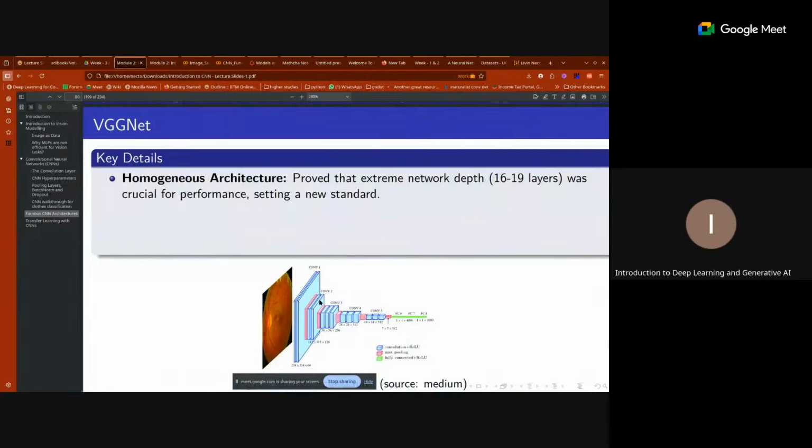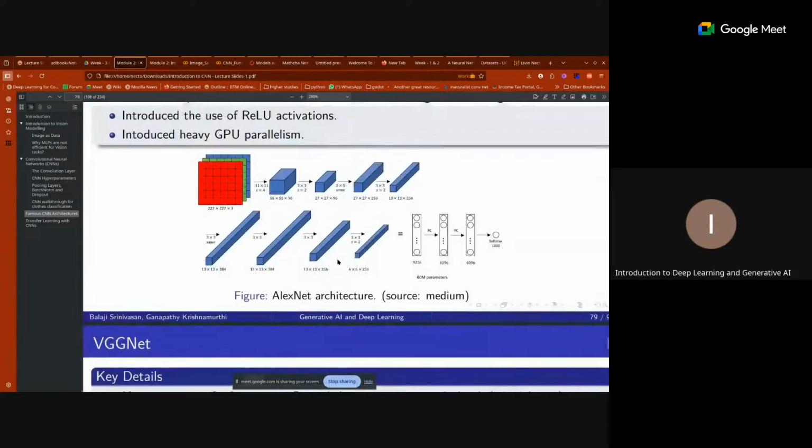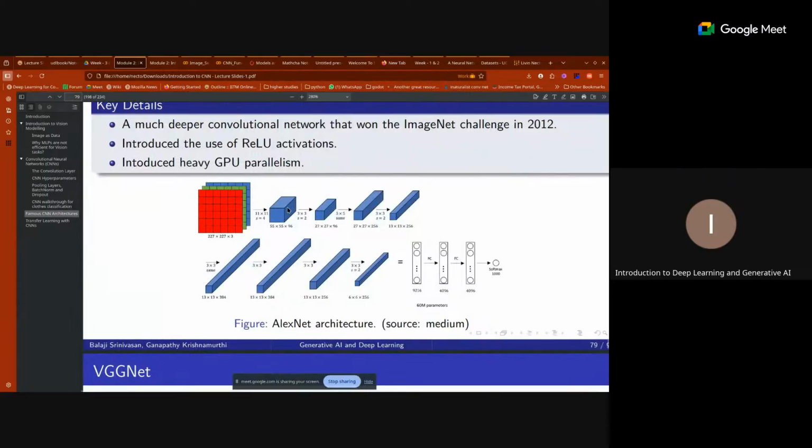But you can also use pooling over here instead of striding. It will also work. This is like historical architectures, right? But instead of doing a stride over here, you can use pooling with the same size. That will also work, right?